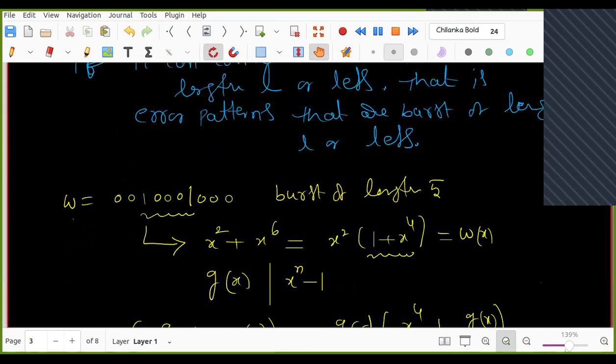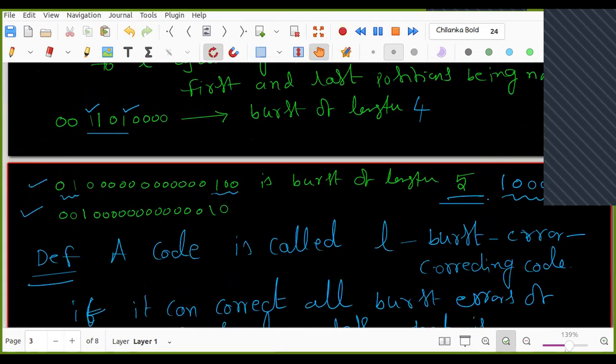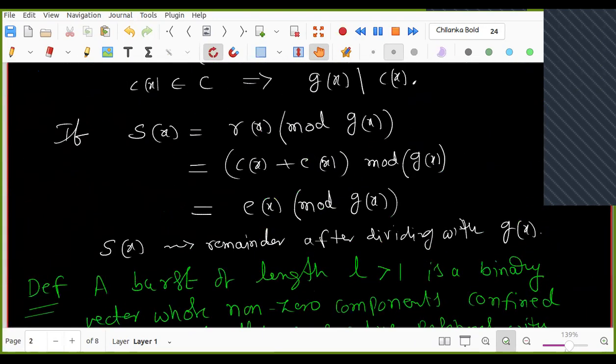Syndrome is actually calculated from the received word, that is C of x plus E of x. If E of x is the zero polynomial, then I will not detect any error at all. Correcting is not possible, you cannot even detect.